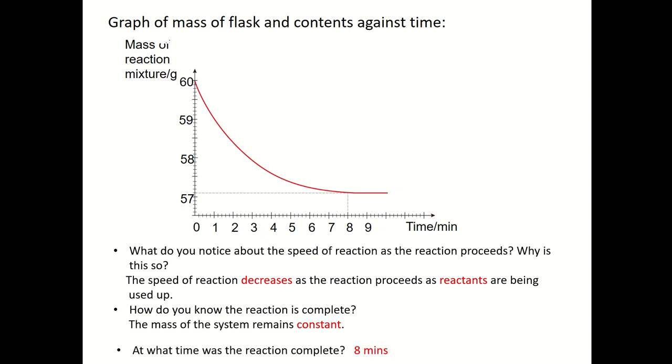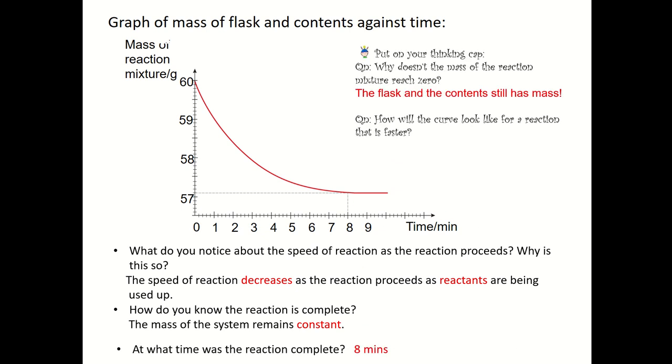Do take note that your graph will not reach 0 and touch the x-axis, because while gas is escaping, you still have the other contents like your excess reagent and the other products that are being formed, and they will not escape.